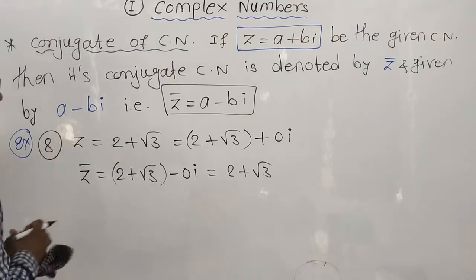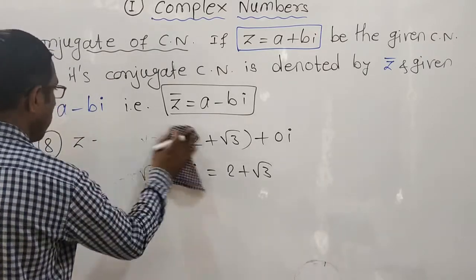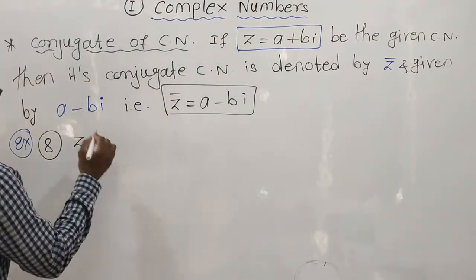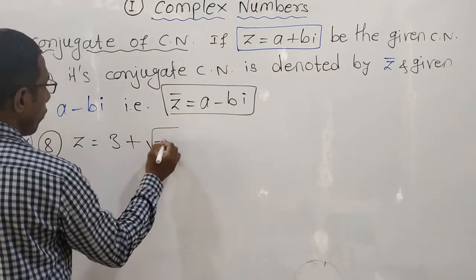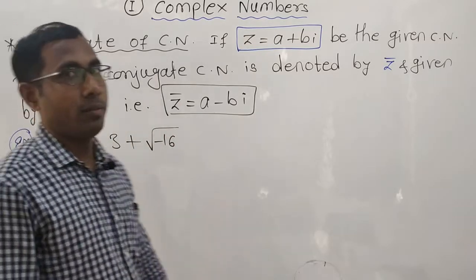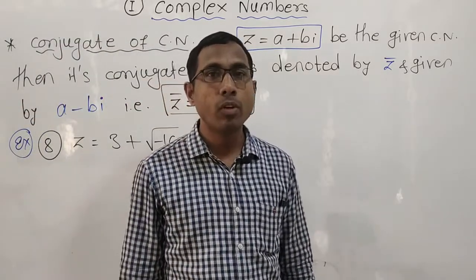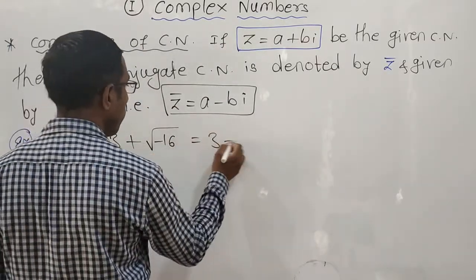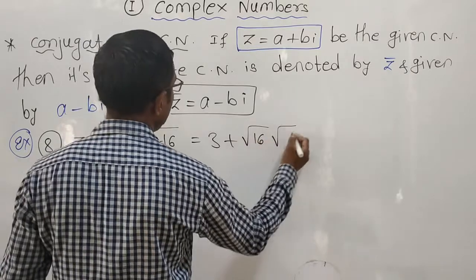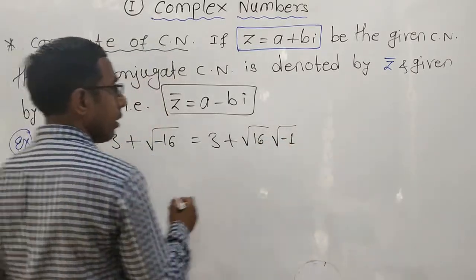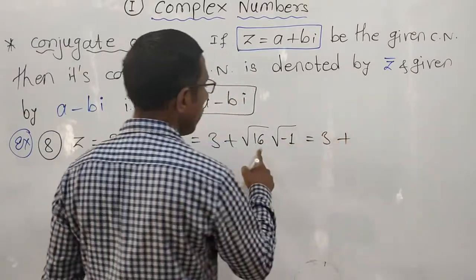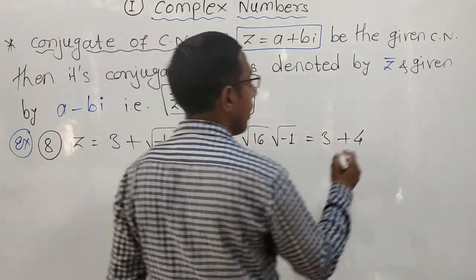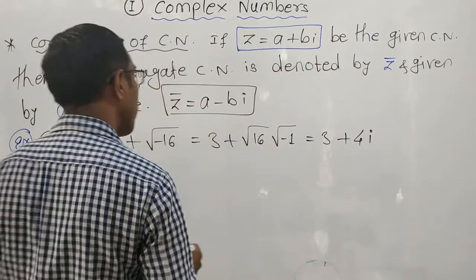Let's see one more interesting example. Example number 8. So z is equal to 3 plus square root of minus 16. First of all, we need to write this in terms of imaginary, as usual. Now root 16 is 4 and square root of minus 1 is i.